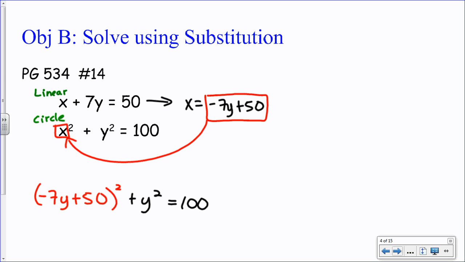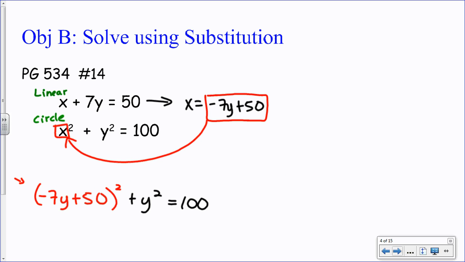All right, now back to where I have this binomial squared here, this negative 7y plus 50 squared. So to do that part, it is incorrect to do this. You cannot distribute an exponent when you're adding. Remember, that is wrong.